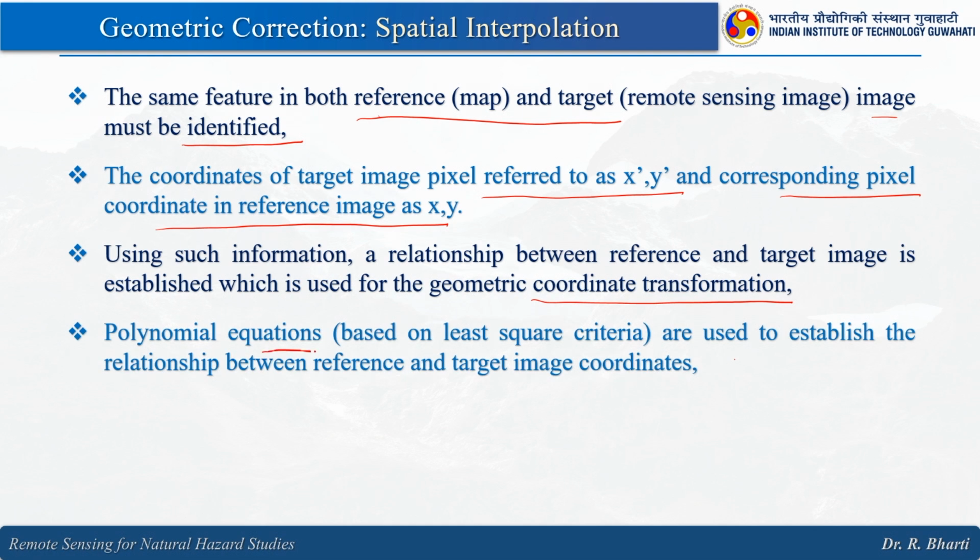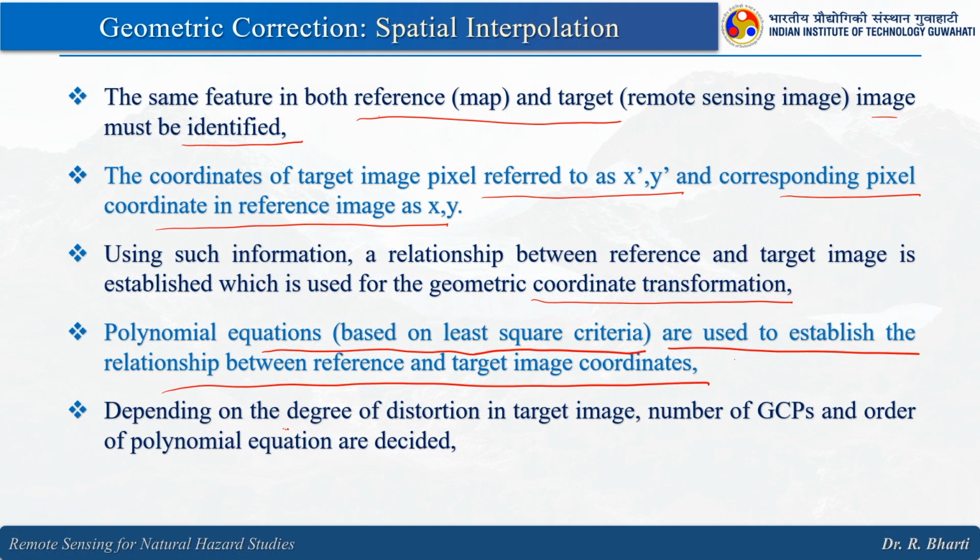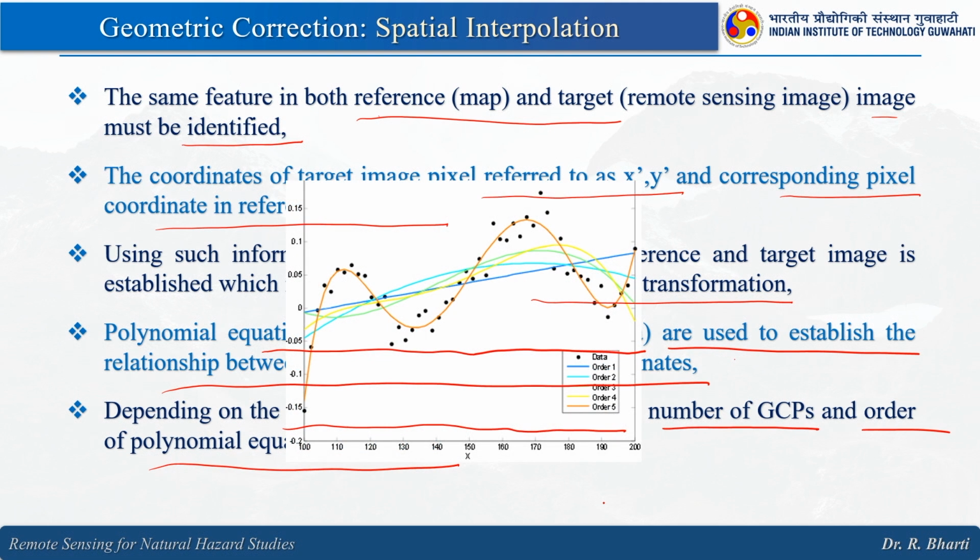Polynomial equations based on the least square criteria are used to establish the relationship between the reference and target image coordinates. Depending upon the degree of distortion in the target image, the number of GCPs and the order of the polynomial equations are decided. Here you can see the first order, the blue one, the second one is here, this is the third order, yellow is the fourth order and this one is the fifth order.